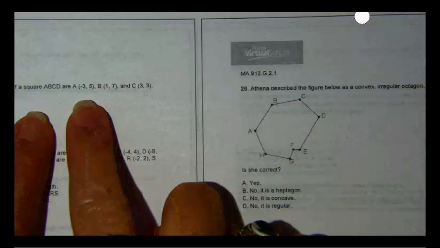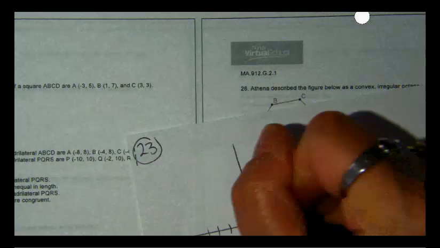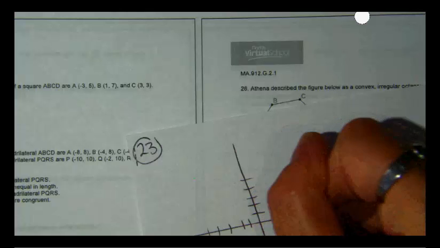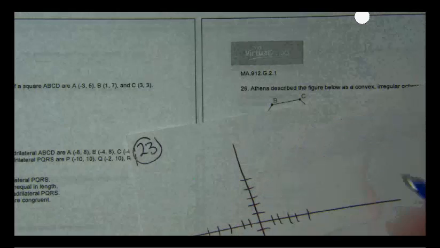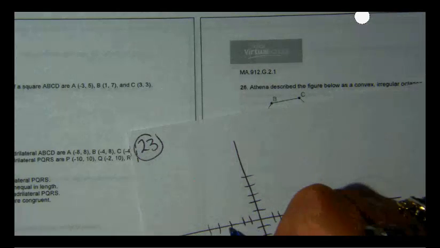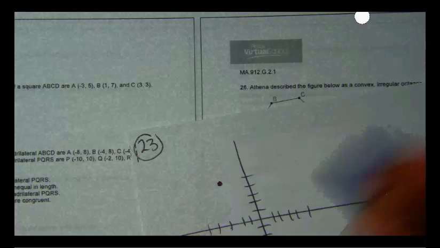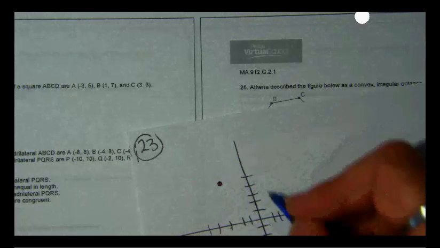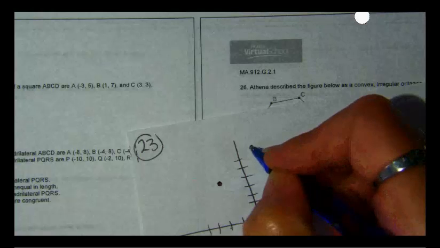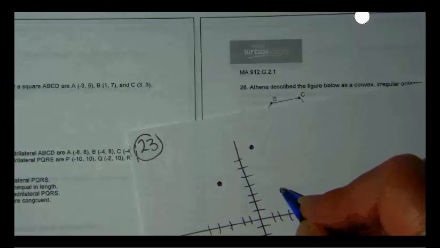Okay, we have a square. This is one of those graphing type of things. Number 23. I have -3, 5. I have 1, 7. And 3, 3.